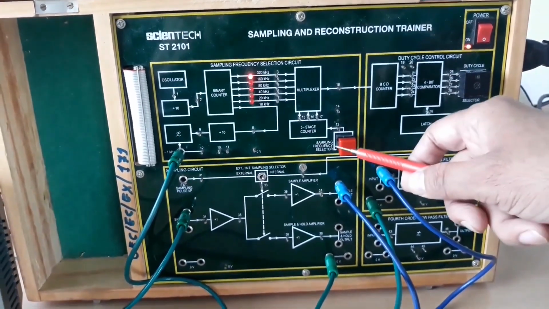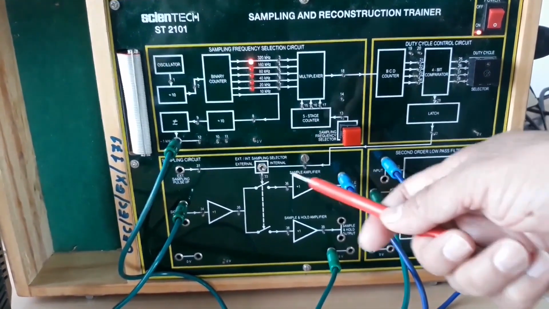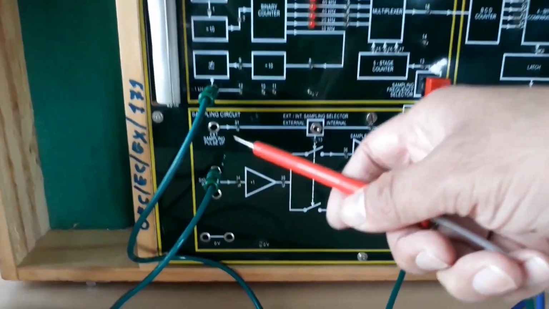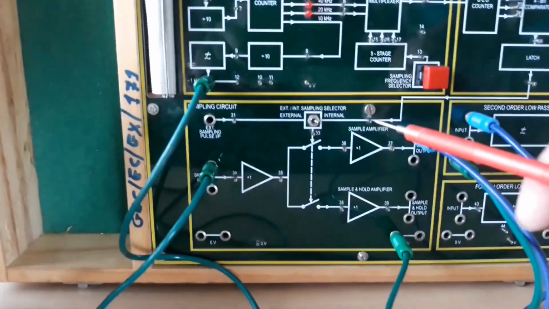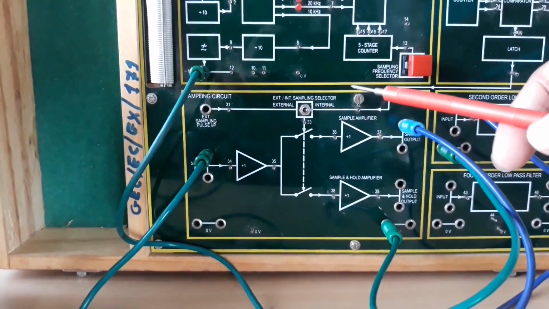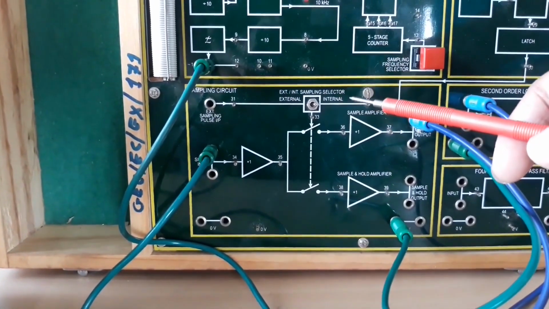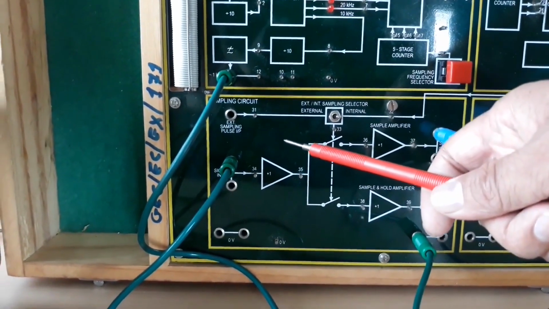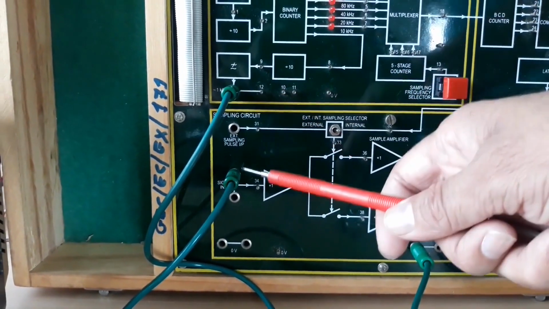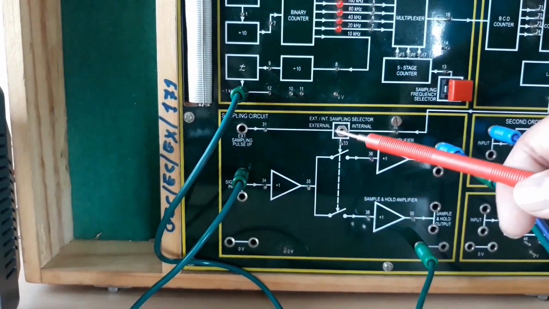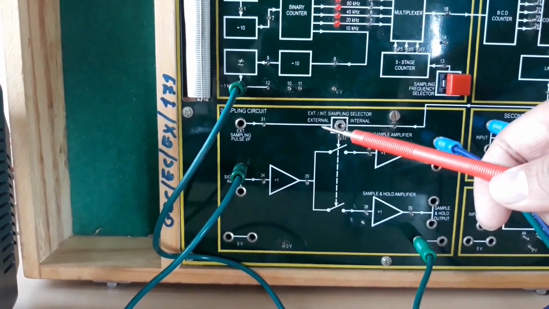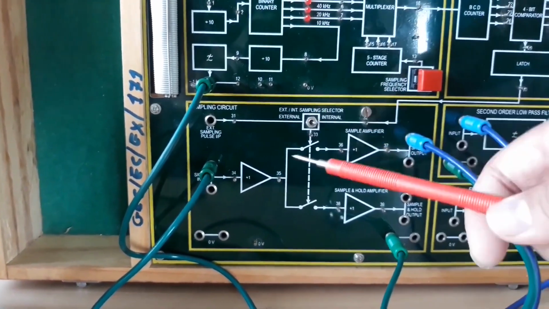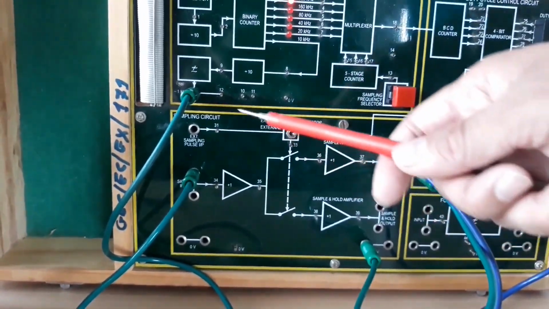The output of the latch is then given to the sampling circuit. As you can see here, in the sampling circuit we have the flexibility of providing either an external analog signal or an internal analog signal. Usually it is difficult to get a synchronized signal when you select any random external input.